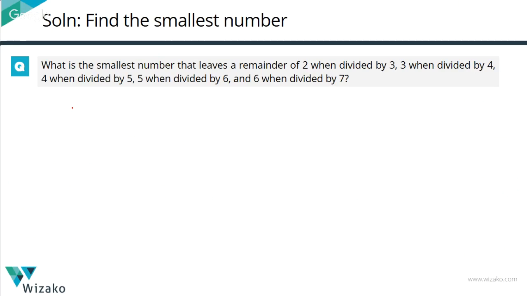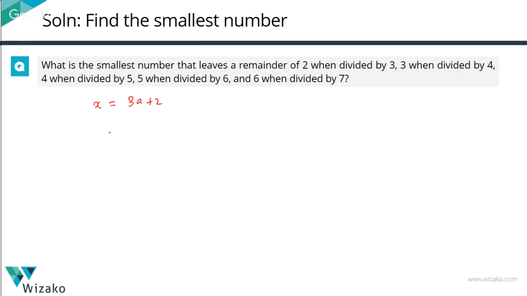Whenever you start a remainder question, a good starting point is to write these things in a standard framework for remainders. The number, let's say, is x. x when divided by 3 leaves a remainder of 2. So x is going to be a number which is a multiple of 3 plus 2. Right? It's going to leave a remainder of 2 when divided by 3, which means you divide this number by 3. 3a by 3 is going to leave no remainder. 2 by 3 will leave you with a 2 as a remainder.